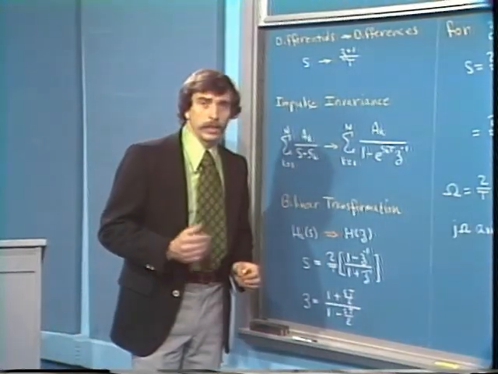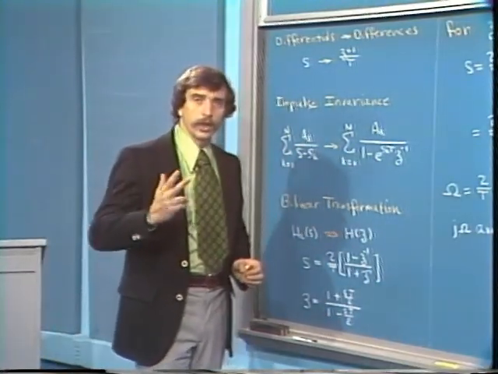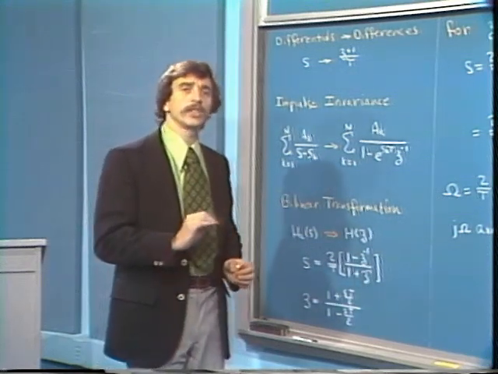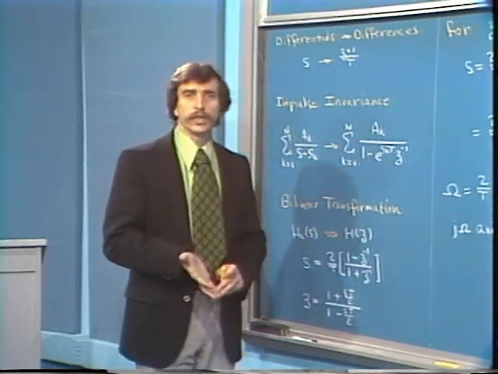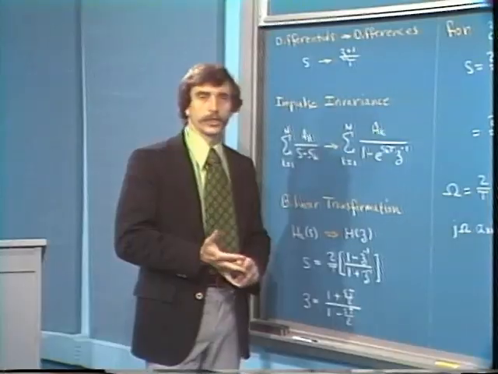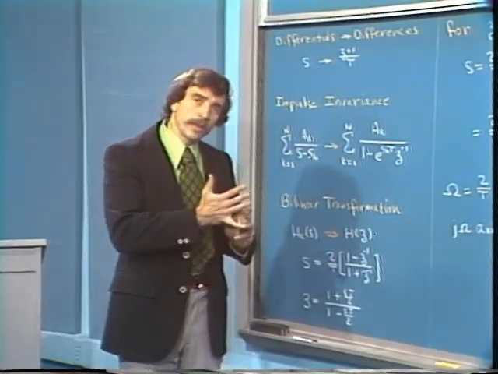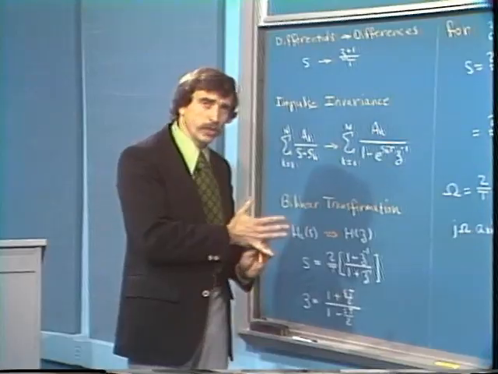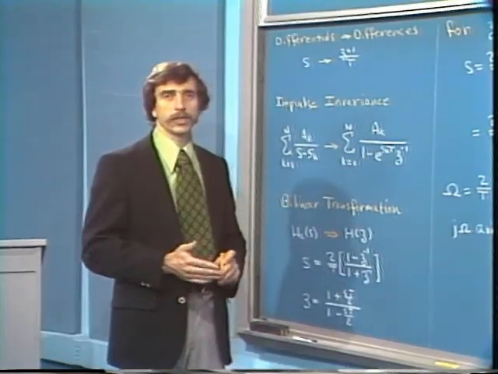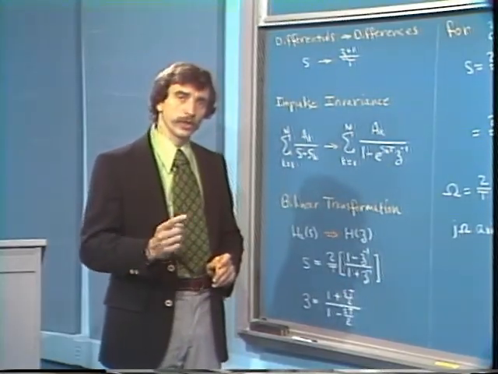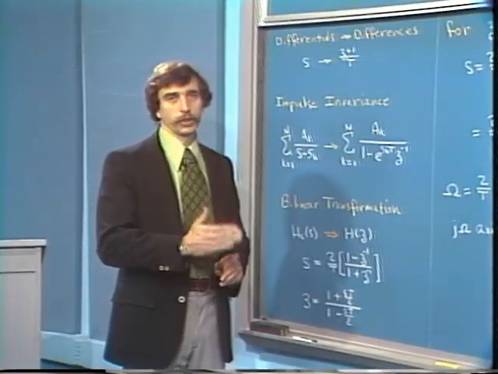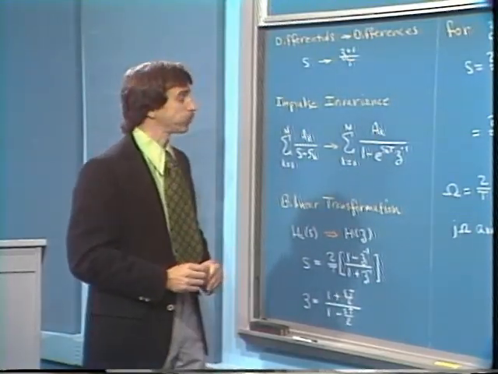Well, recalling that there are two guidelines that we set down last time, we'd like to verify, first of all, whether the bilinear transformation in fact preserves the frequency characteristics, that is, whether it maps from the j omega axis to the unit circle first. And second of all, does it map stable analog filters to stable digital filters?